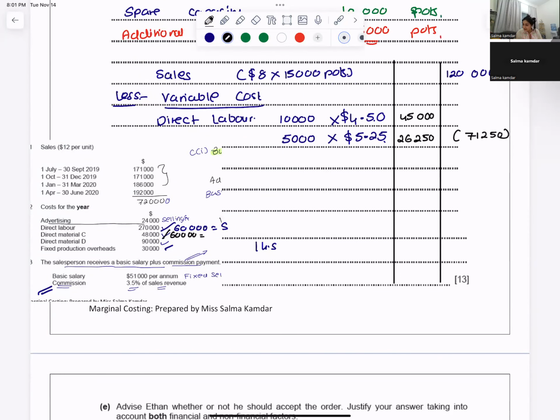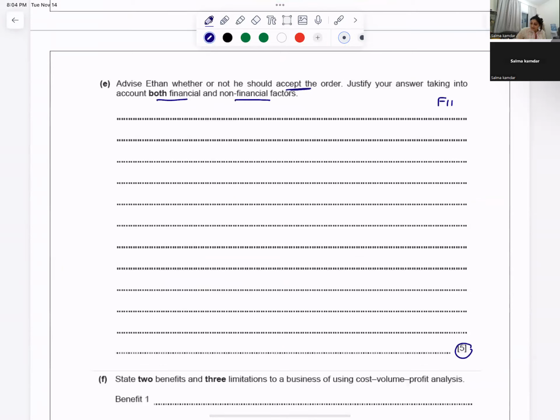Justify your answer taking financial and non-financial factors. So I have to give whether I should accept this order or not. For financial factors, I have to give 2 points. And for non-financial factors, I have to give 2 points.